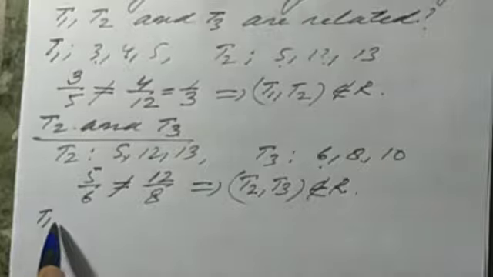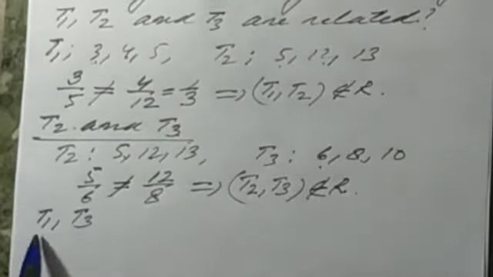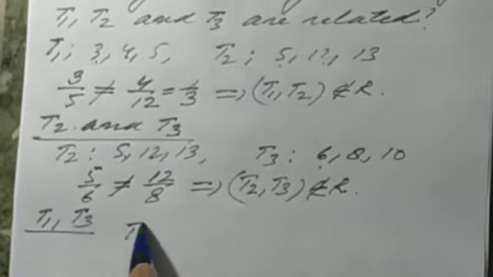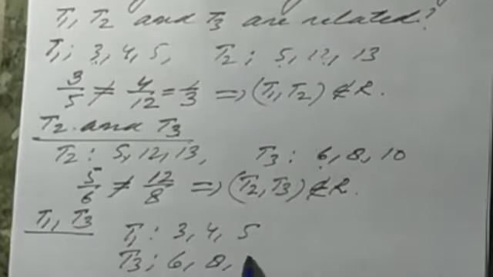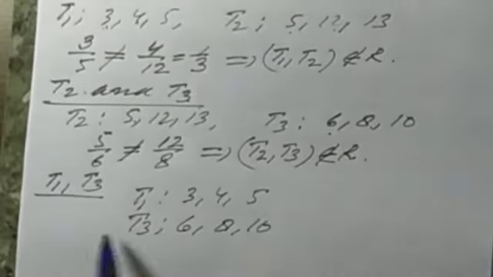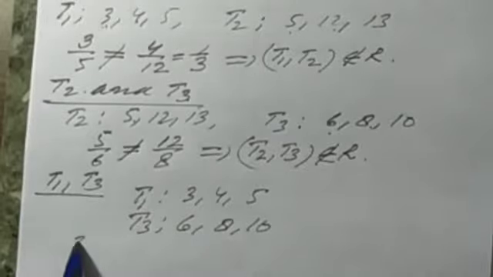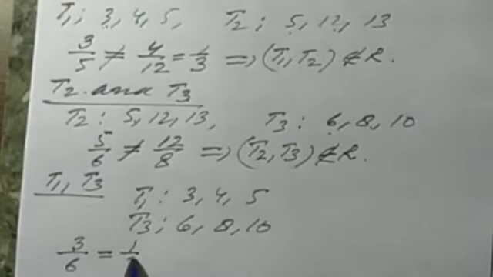Now let us talk about T1 and T3. T1 has the sides 3, 4, 5. T3 has the sides 6, 8, 10. Now if we take the ratio of the first two sides, we get 3 upon 6, which is equal to 1 upon 2.